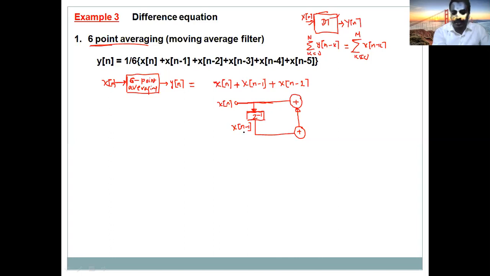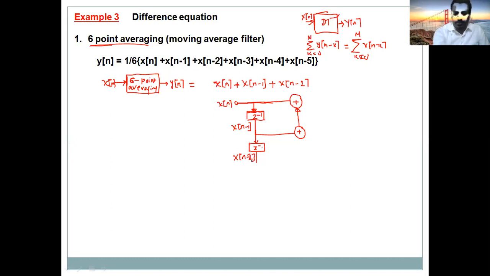So this x of n minus 1, again delayed by 1 time unit. For that, we need this delay element, okay? When you delay it, what do you get? X of n minus 1, again delayed by 1, will be x of n minus 2. This is the input before two time units.